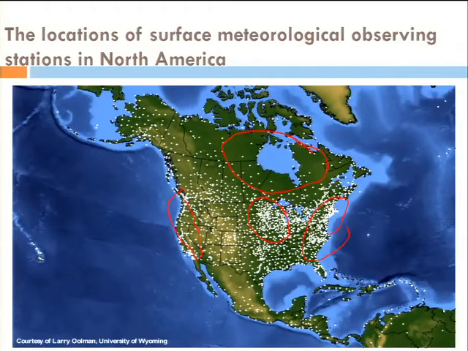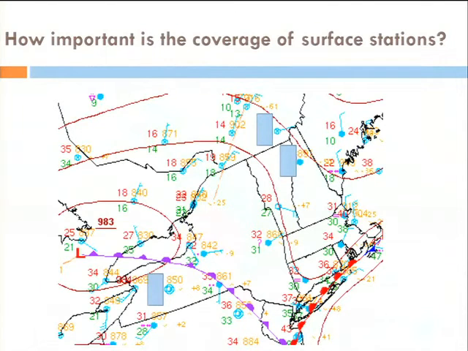We have more information in southern Canada and in the United States than we do in northern Canada. And so the quality of our weather information is not anywhere near as good. And this can have an impact.